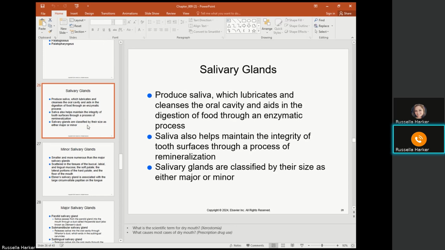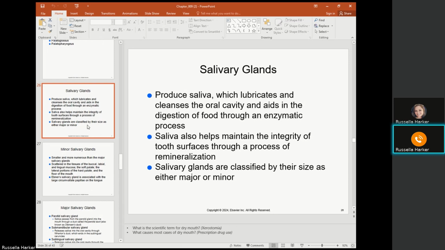What that means is that anytime you put anything in your mouth besides water, anything to eat or drink, the teeth go through a process of demineralization. So the calcium and the phosphate in the teeth are pulled out of the teeth when the acids or whatever is in the food or drink hits the teeth, and the teeth are demineralized.